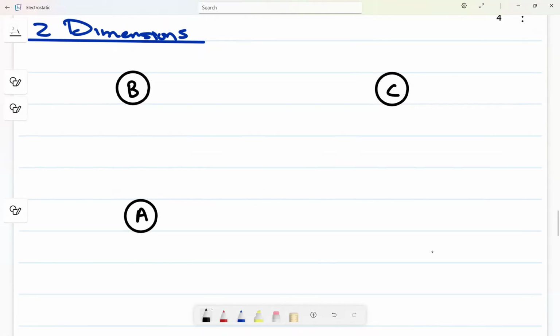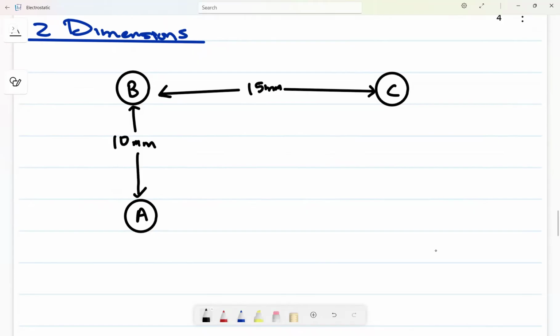And the distance between the two is something like 15 millimeters. I need to show you all the conversions because I don't want you to be surprised in the exam. The distance between this one is now 10 millimeters. Can you see now? This is two dimensions because now we are dealing with vertical as well as horizontal.